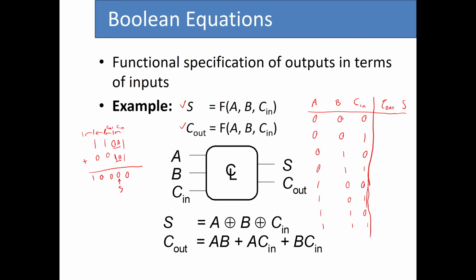So 0 plus 0 plus 0, the summation is 0, and the carry is also 0. 0 plus 0 plus 1, the carry is 0, the summation is 1. The same is true for this one as well. When we are adding 0 plus 1 plus 1, the carry is 1, the summation is 0.